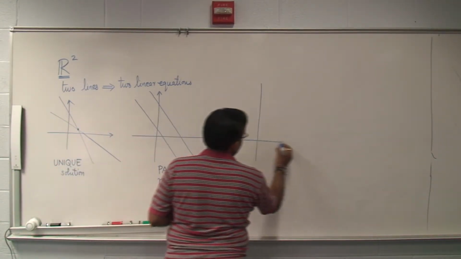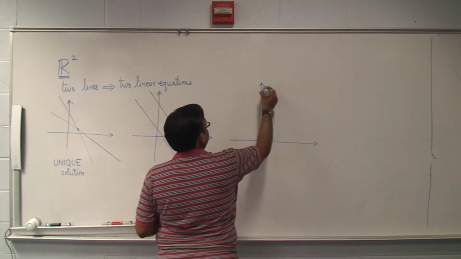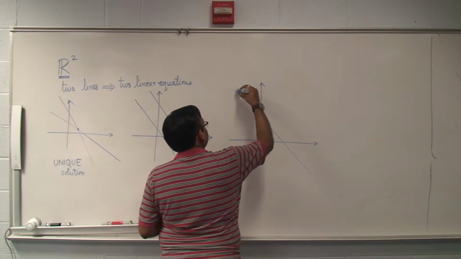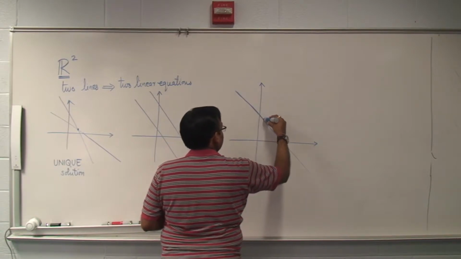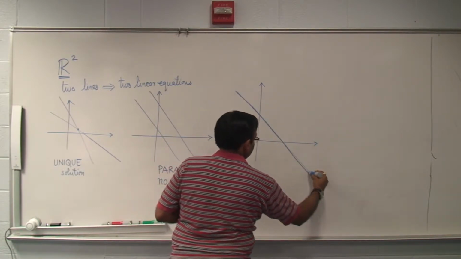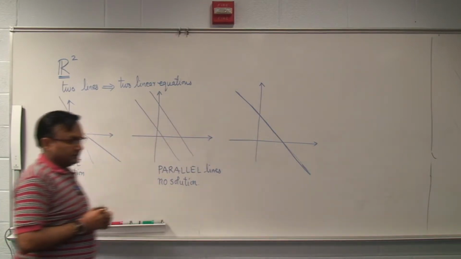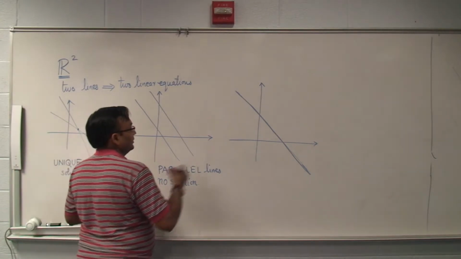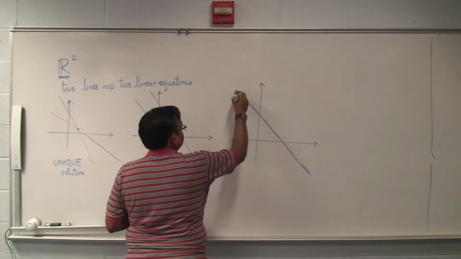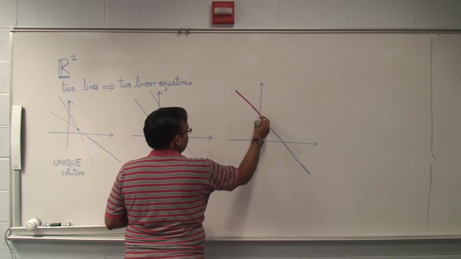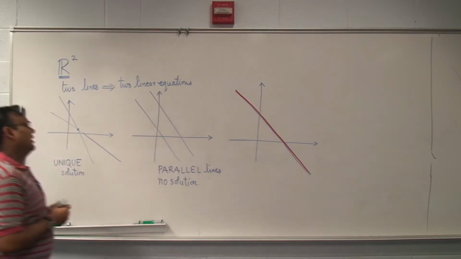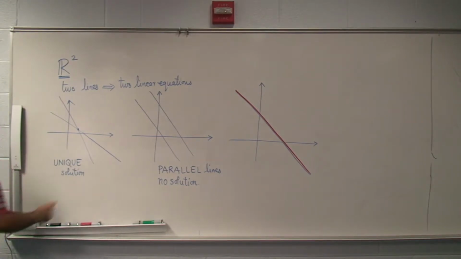So what if we are given two equations? They both represent the same straight line. Say something like this. They both represent the same straight line. So first equation represents this straight line. The second equation represents the same straight line. It's just that the equations are slightly different in the looks.